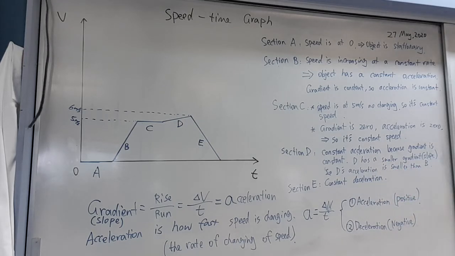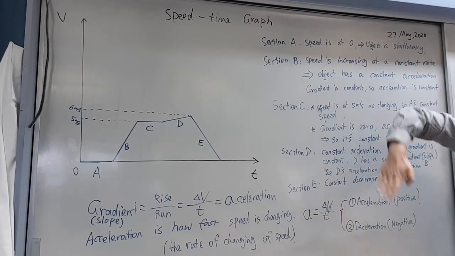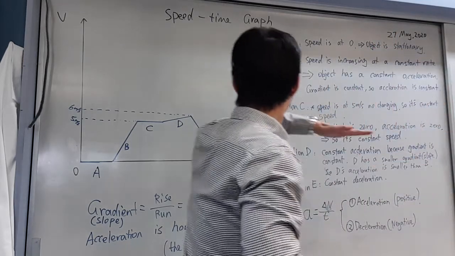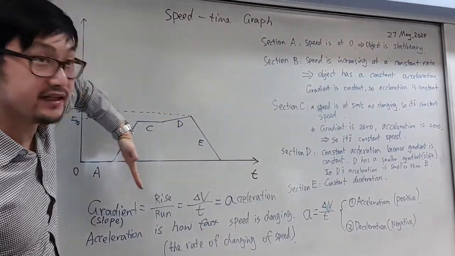And then if we have to give the reason, we will say the gradient is a negative value. So that is 0 gradient, that's a positive gradient, and if it's going downwards, that's a negative gradient, right?